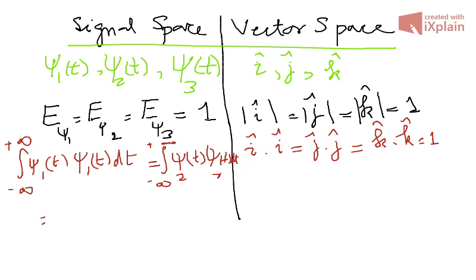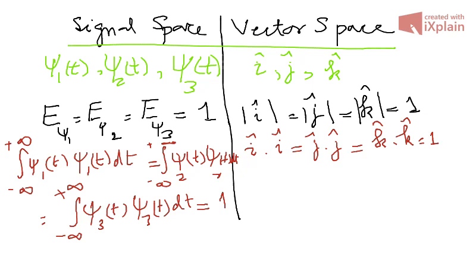It is the same as the dot product of psi 3 of t with psi 3 of t dt from minus infinity to plus infinity, and this dot product is unity, because we already mentioned that the energy is unity. Actually it becomes the integral of the square of the signals, and the integral of the square of the signal is its energy, which we already mentioned is unity.